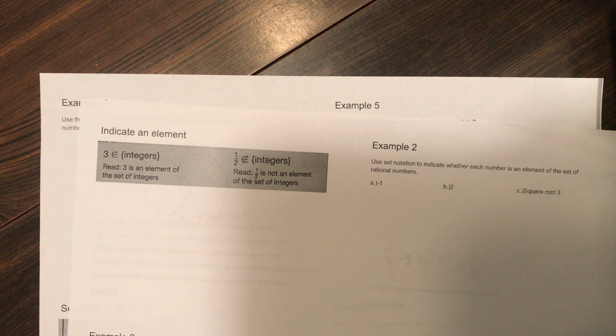Okay. Now, let's go over here. We are looking at: use the set notation to indicate whether each number is an element of the set of rational numbers. Well, what is a rational number? Rational numbers can be quotients.